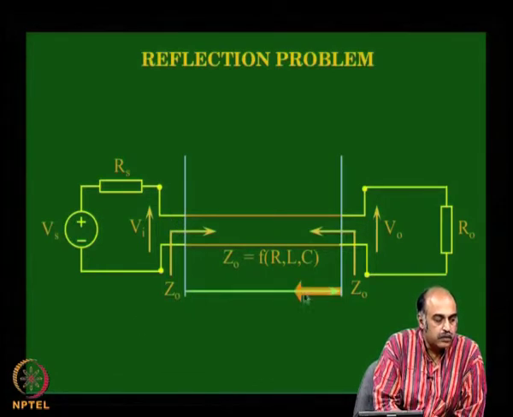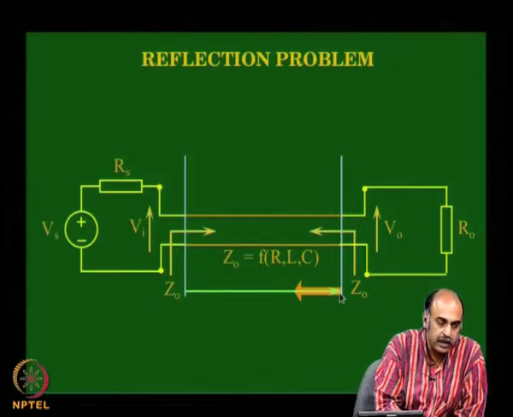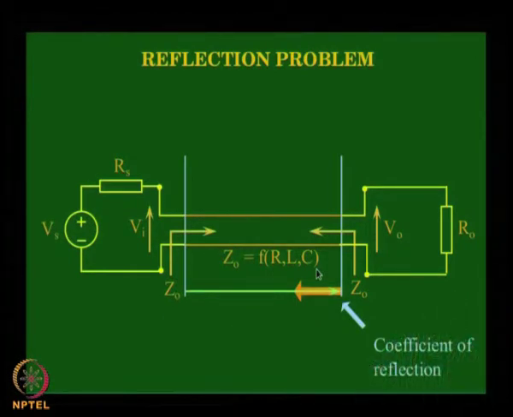So, this will go forward, and at this point on the load side reflect back, and then once it comes back, it can get reflected multiple times. Now, at this boundary, when it gets reflected, we have a coefficient called the reflection coefficient, the amount that will get reflected or sent back again.